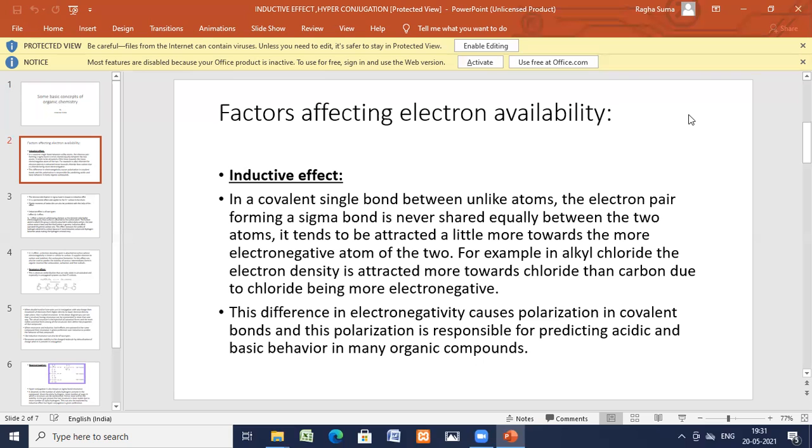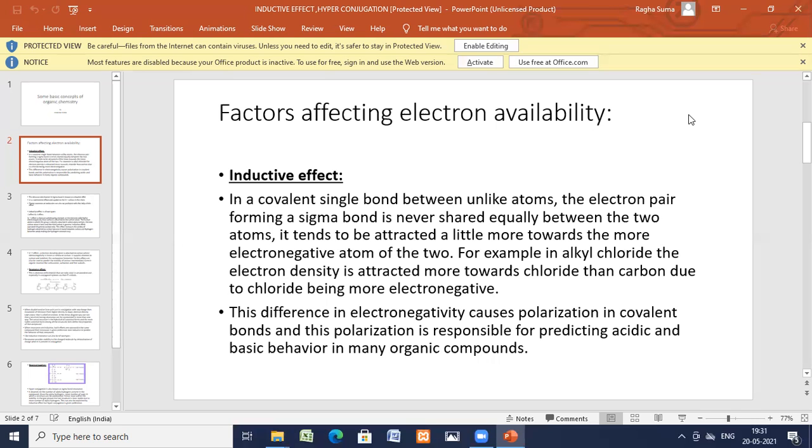The electron pair, the bond pair, shifts towards the more electronegative atom. This is due to greater attraction. Such bond polarization, or electron redistribution, or electron displacement is observed.